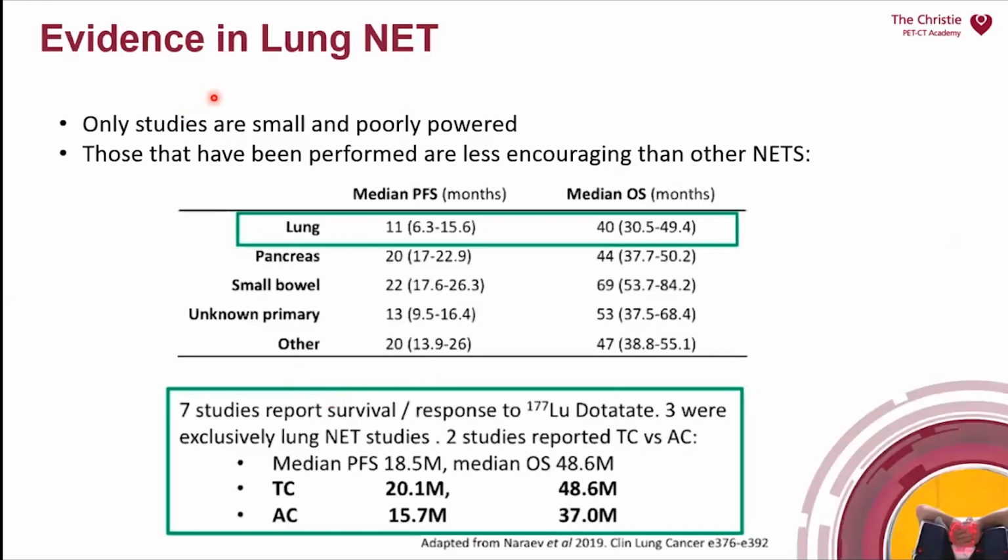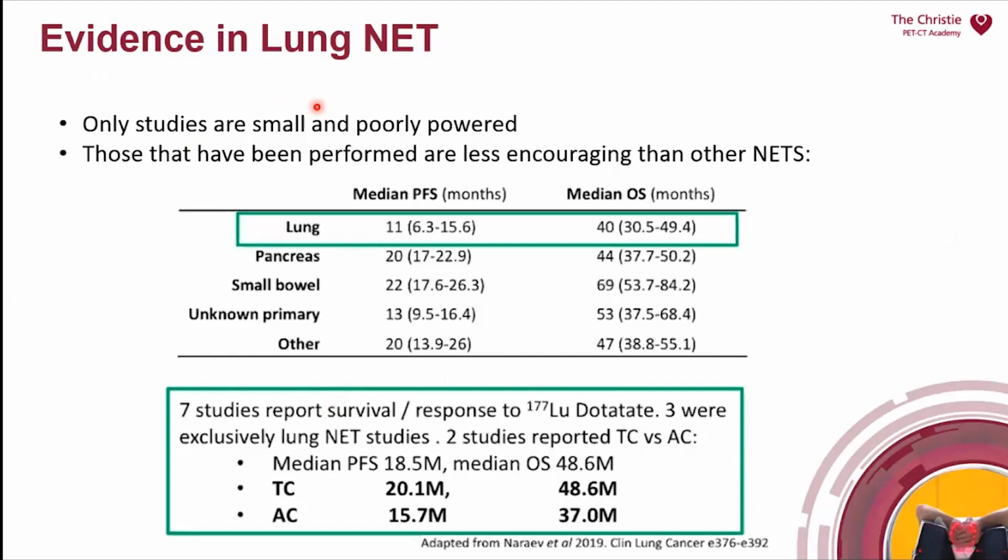There isn't the same level of evidence for using PRRT in lung neuroendocrine tumors, unfortunately, at the moment. The only studies that we have in lung neuroendocrine tumors were much smaller studies that generally looked at patients that hadn't really been planned as part of a study.